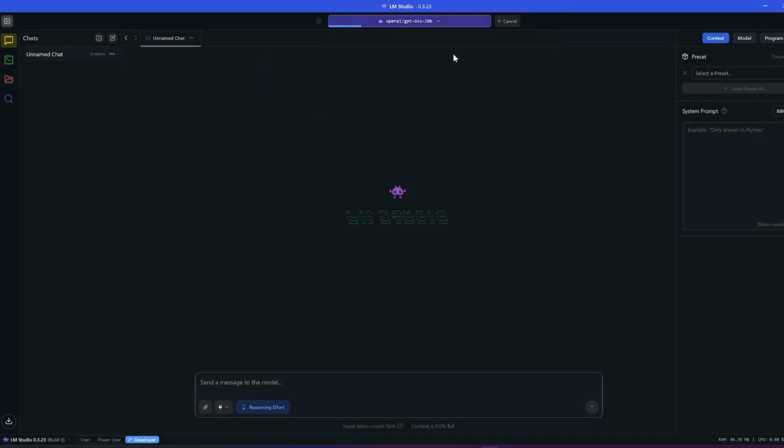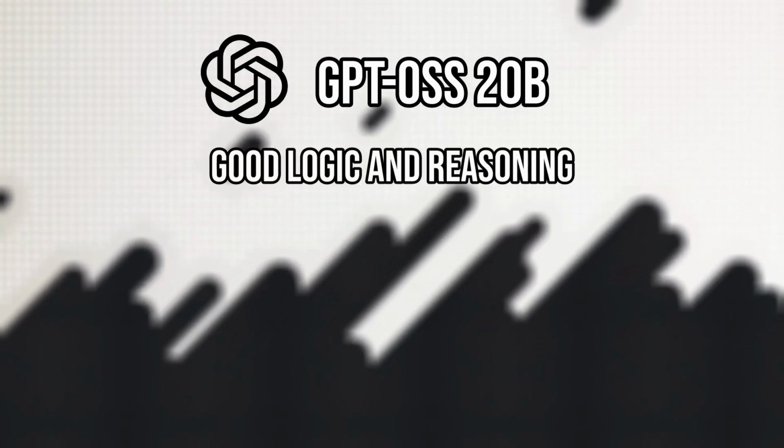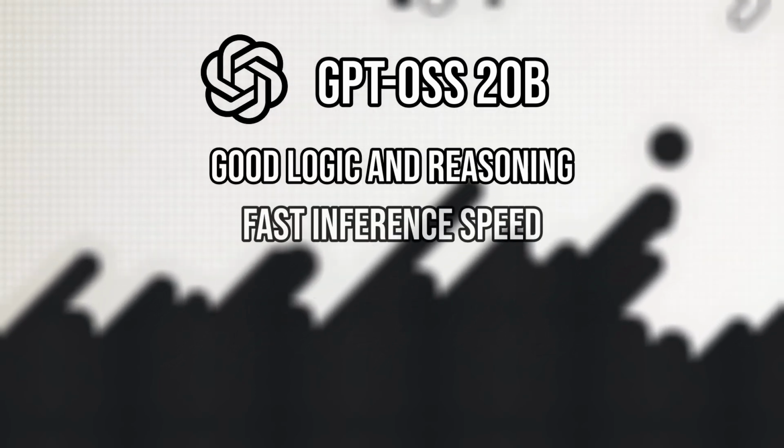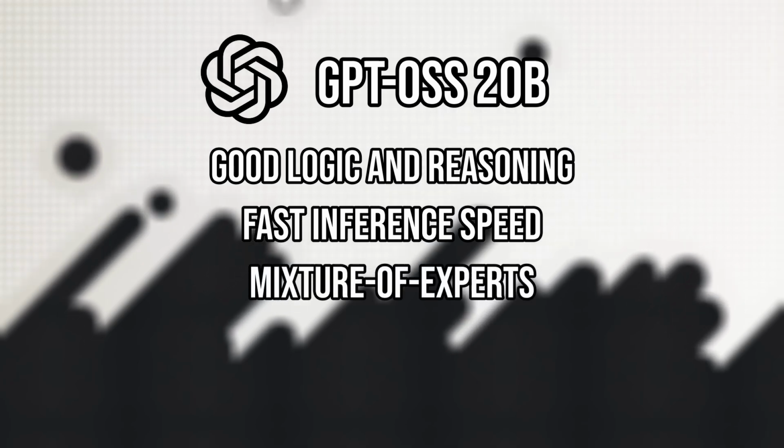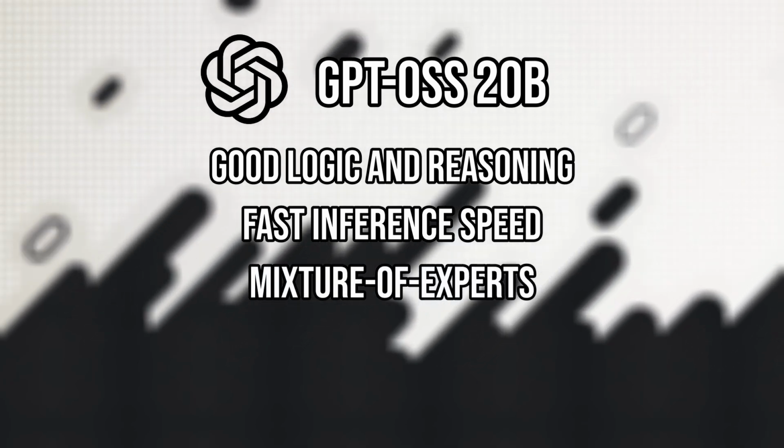Here are some good options if you have a 16 GB GPU. GPT-OSS is a new model from ChatGPT. In my opinion, the 20 billion parameter model is the best all-rounder. It has some good logic and reasoning. It also has very fast inference speed and uses a mixture of experts. These are specialized submodels for different fields.